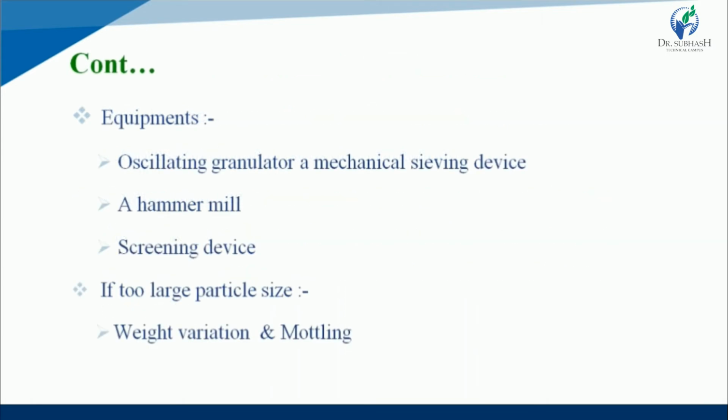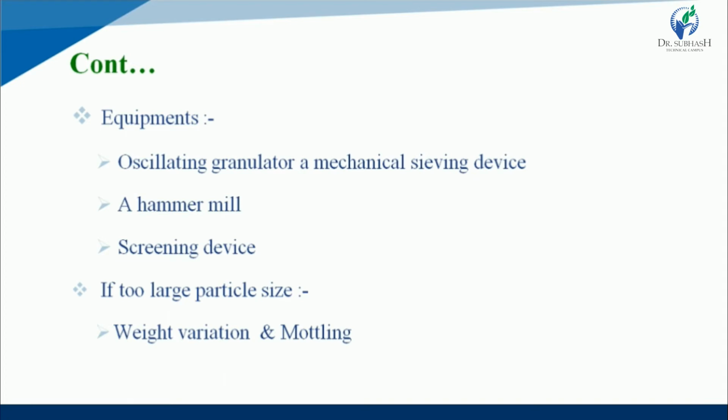Equipments used for particle size distribution or particle size reduction: first one is the oscillating granulator or mechanical sieving device. Next one is the hammer mill and last one is the screening device.